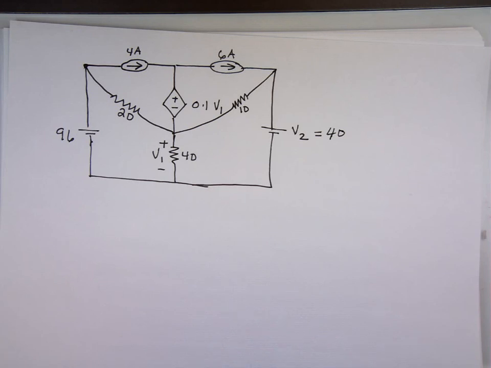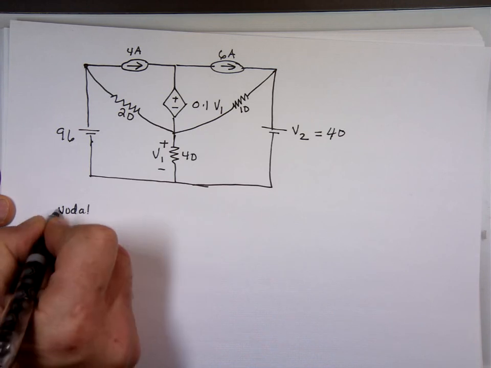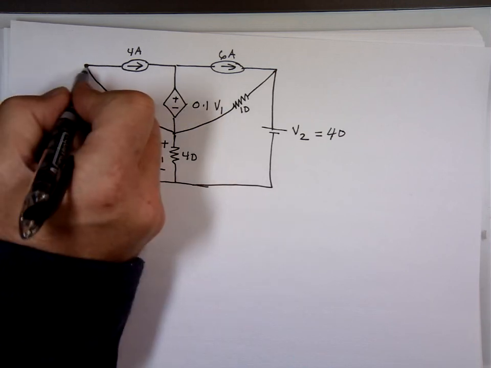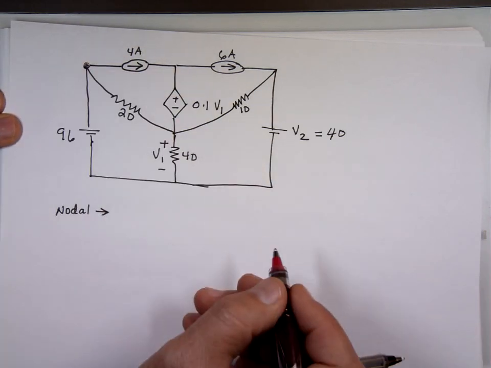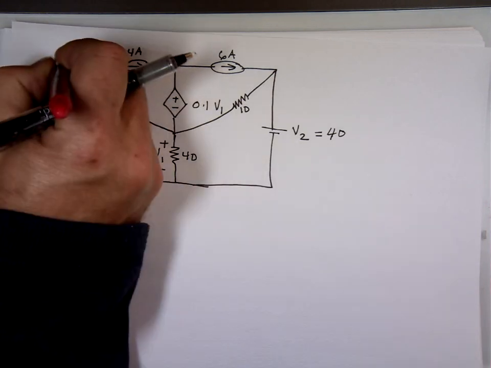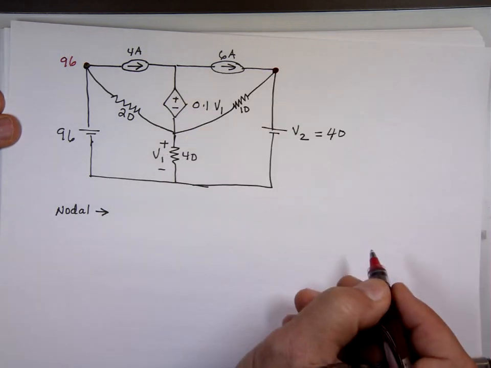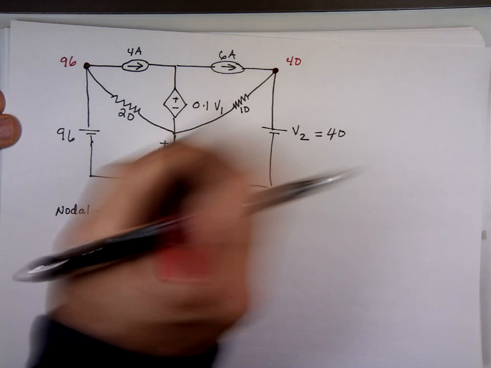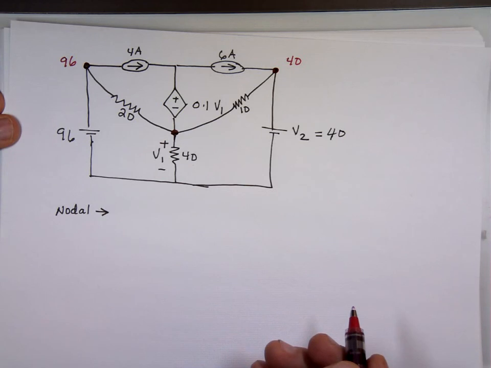Well, let's think about nodal analysis. If you do nodal here, do we know what the voltage here is? 96. Do we know what the voltage here is? 40. Do we know what the voltage here is? If the bottom is ground, V1.